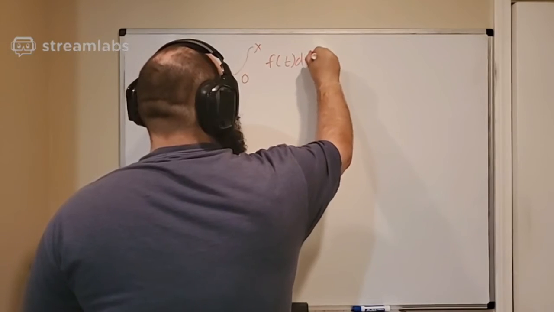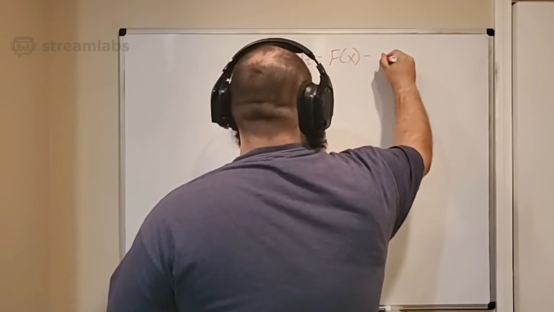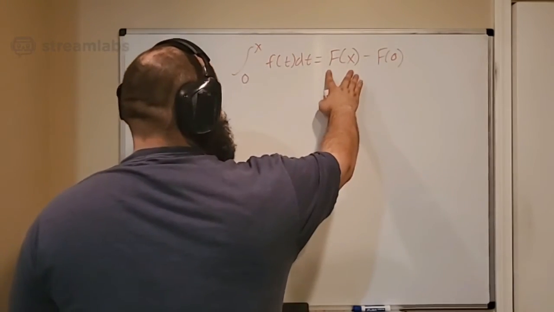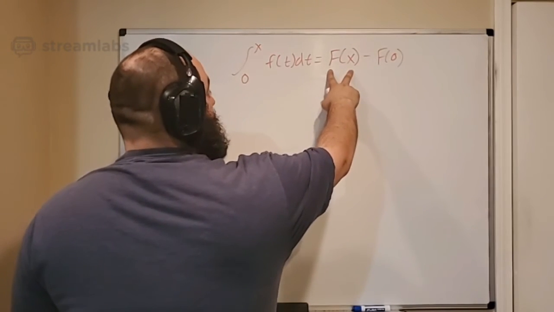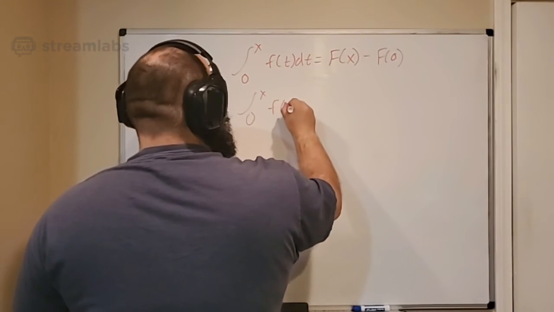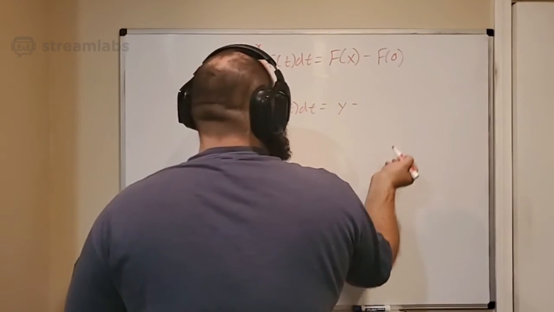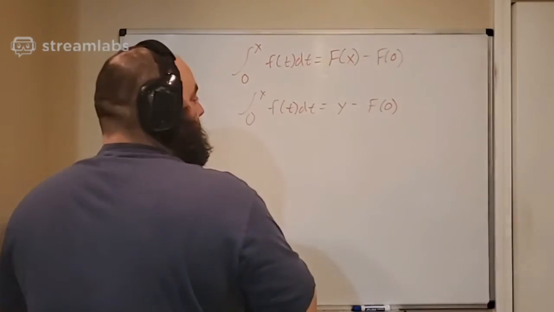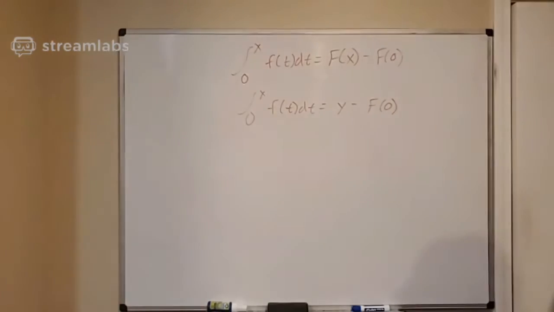So if we're looking for the antiderivative of f of x, and this is like a function of y primes and stuff like that, then this is y. So you get the integral from 0 to x of f of t dt is equal to y minus f of 0. However, we don't have the f of 0, we have the f of 1, which is why that 1 has to be in the integral. If that makes sense. Hopefully.